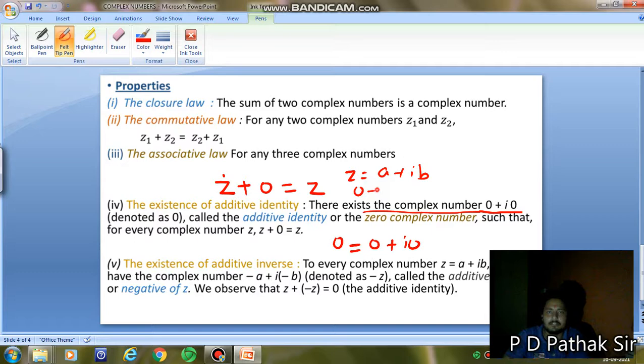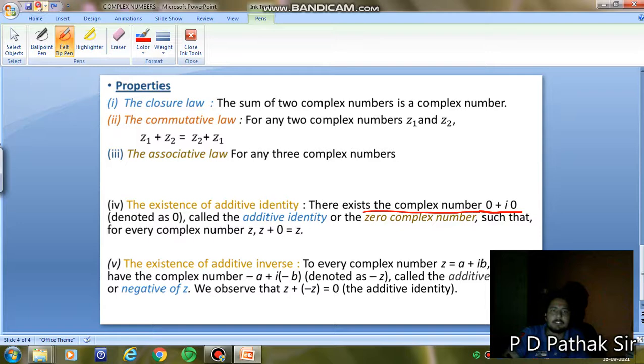Because we are studying complex numbers, we denote every number in the form a plus iota b, so 0 is also 0 plus iota 0. So the additive identity for complex numbers is 0, which is also called the zero complex number.